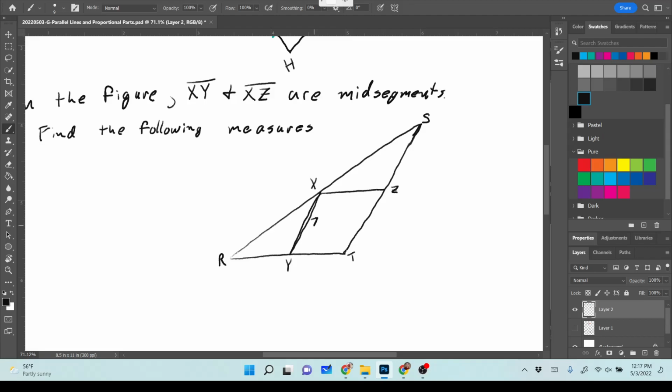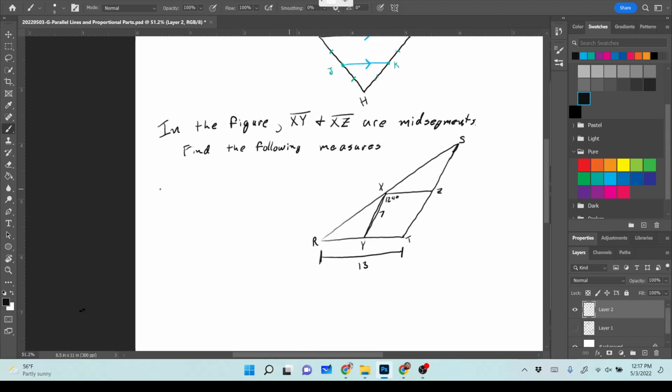This is 124 degrees. And this is 13. So we're going to find the measure of XZ to begin with.